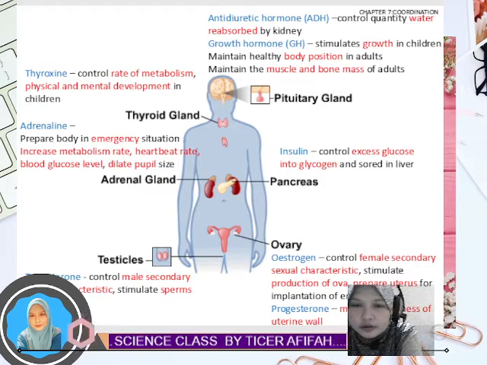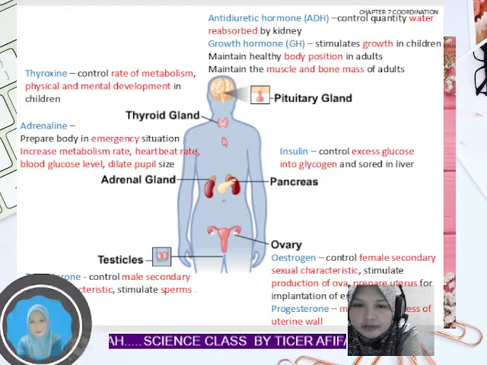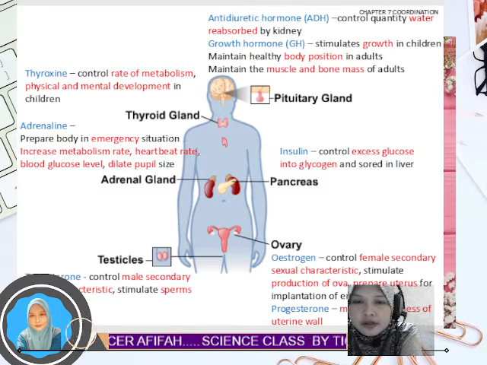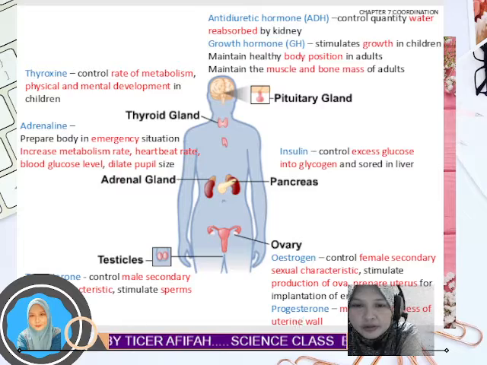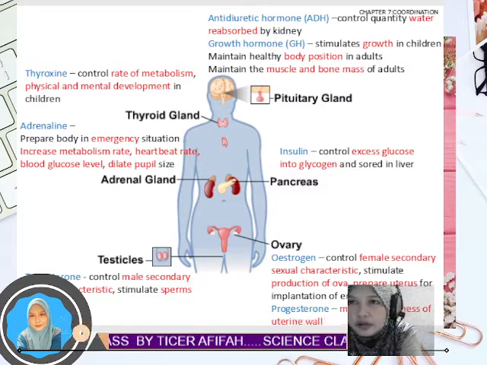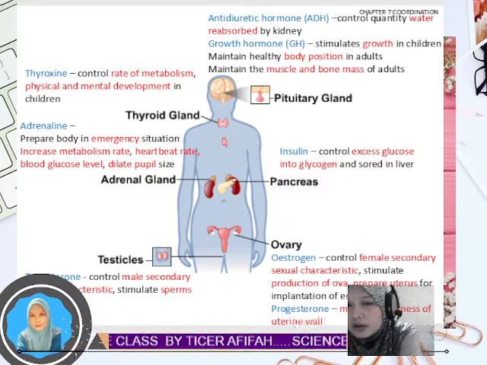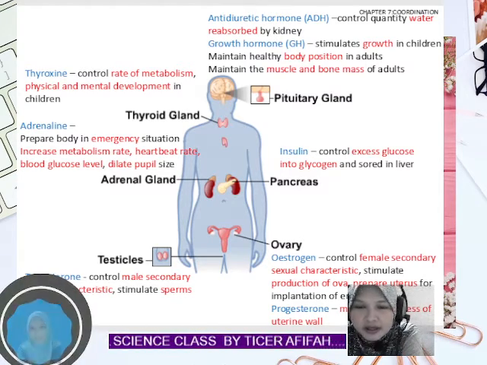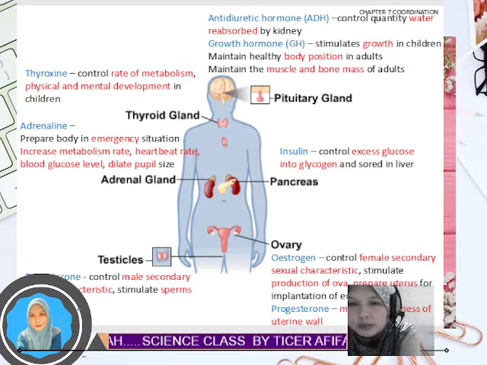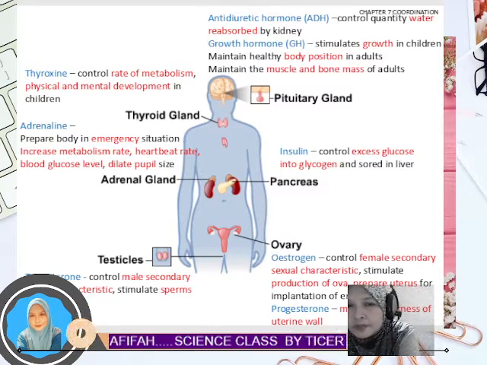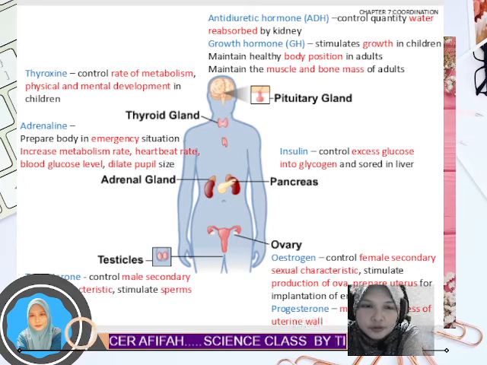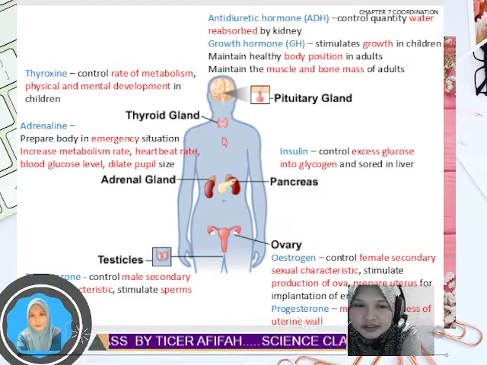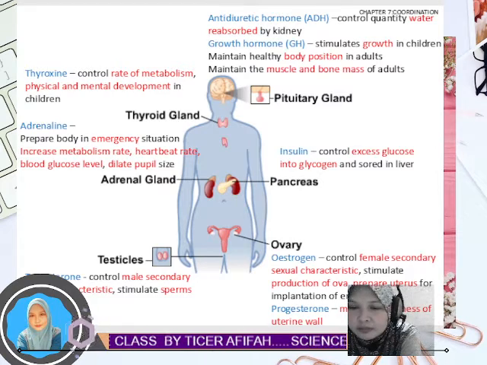Estrogen controls female secondary sexual development, production of ovum, and prepares the uterus for implantation of the embryo. Progesterone maintains the thickness of the uterine wall during menstruation, the premenstrual cycle, or during menopause. And testes produce one type of hormone only, testosterone, that controls male secondary sexual characteristics and stimulates sperm production.